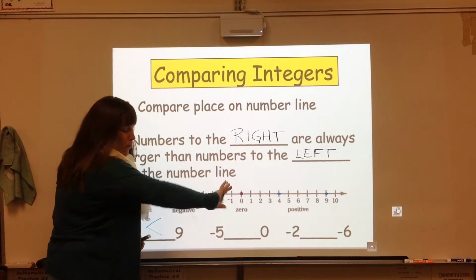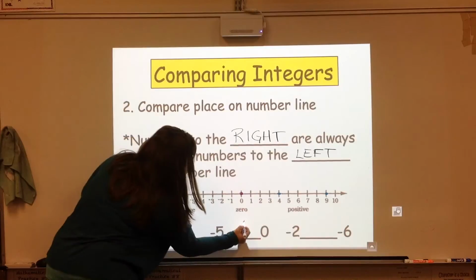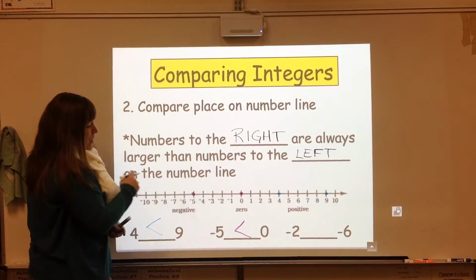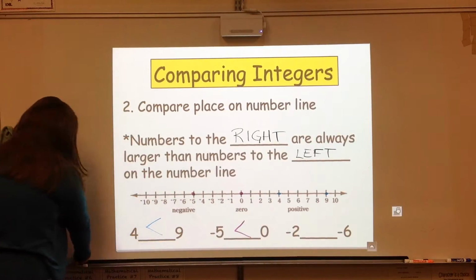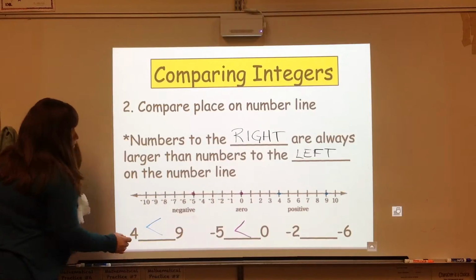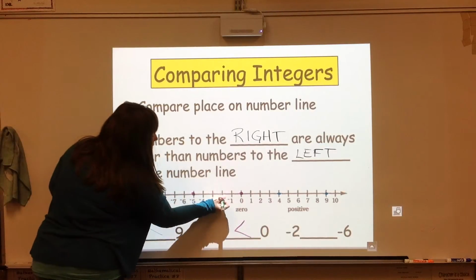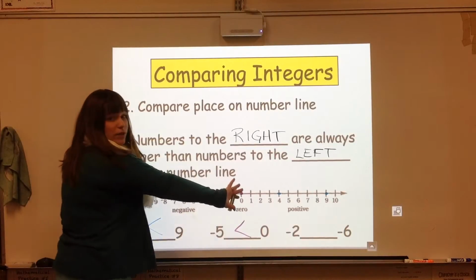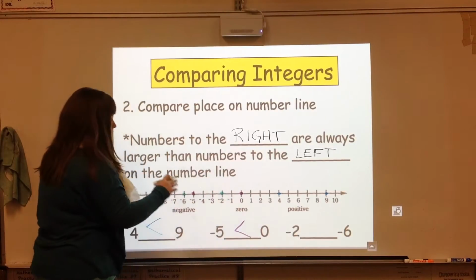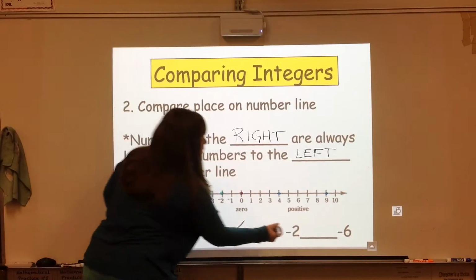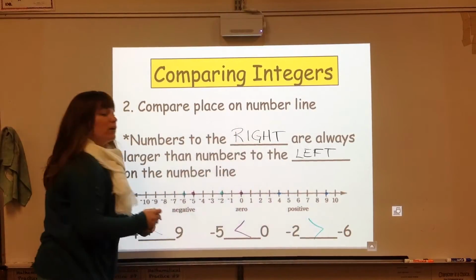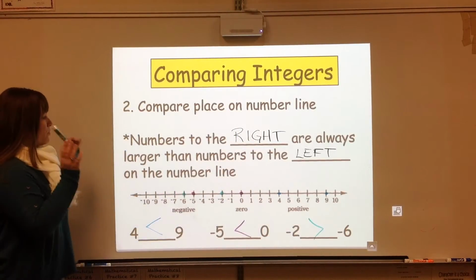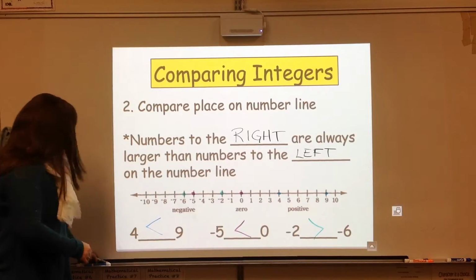Notice 0 is the one that is farthest to the right, so that is the greater number. And the last one we're going to do, negative 2 and negative 6. Notice negative 2 is the one that's closer to 0, farther to the right, therefore that is the bigger number. So placing them on the number line is another way to compare.